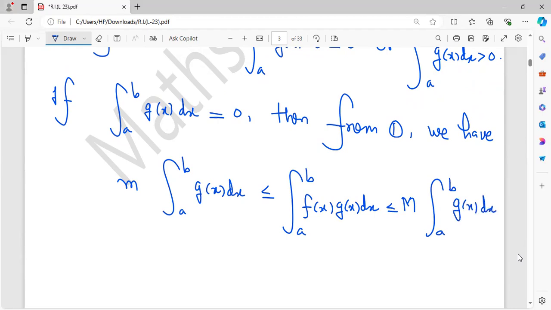Now this part is 0, so I can put here 0 as the upper bound as well. Okay.